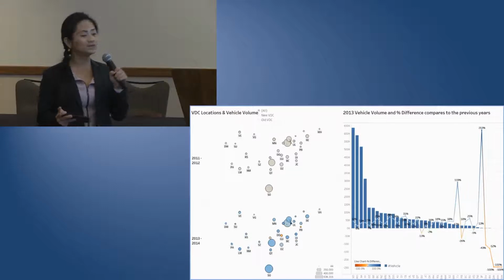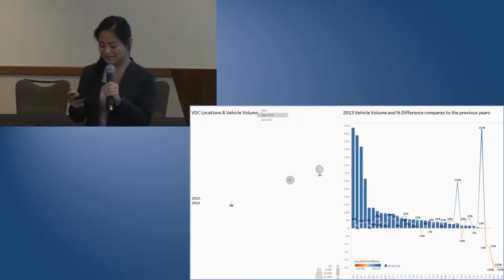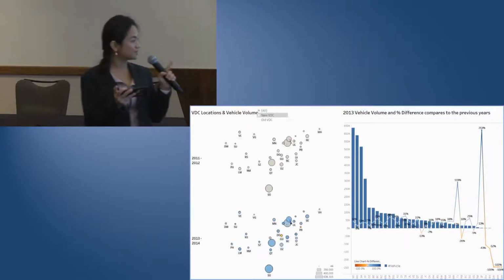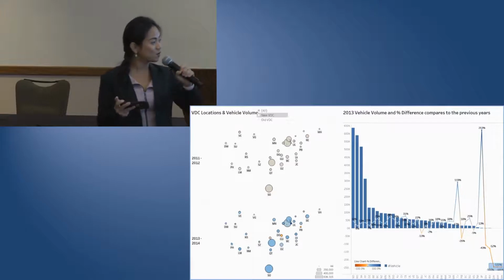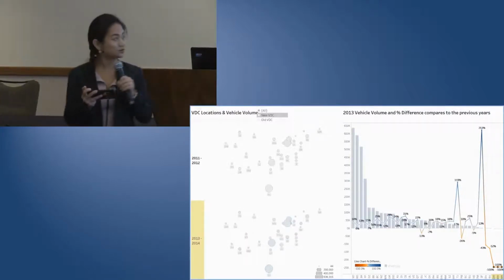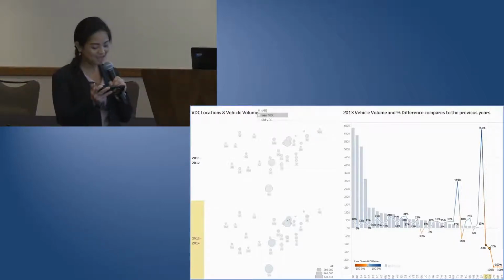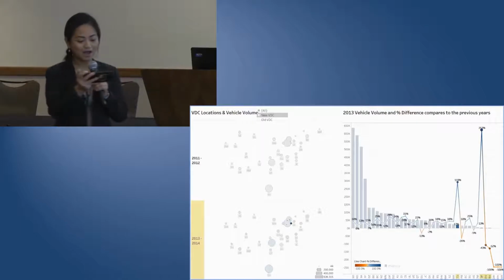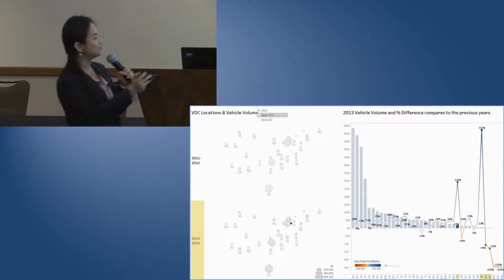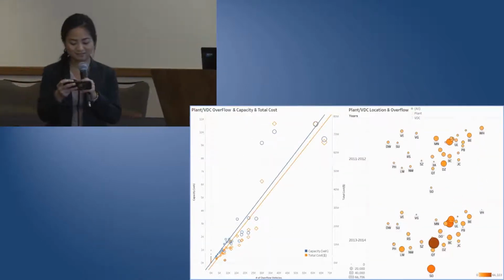Here we see that in 2013 and 14, there are 6 new VDCs, and also in 13 and 14, highlighted at the corner over there, those 3 VDCs that were closed. We also see another interesting area: 2 VDCs with significantly less volume at the bottom had a high increase in vehicle volume, located in the same area as the 2 that have a high vehicle volume.